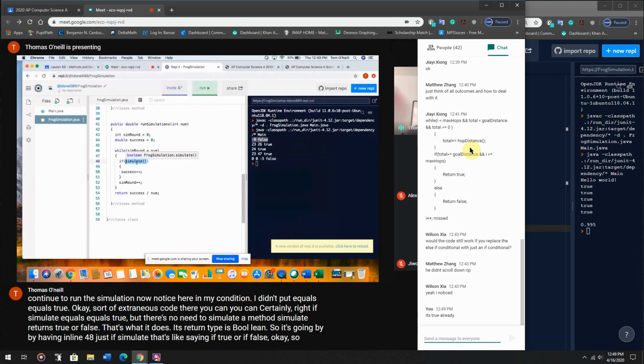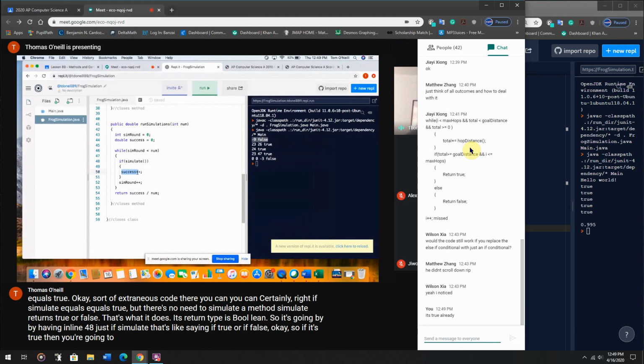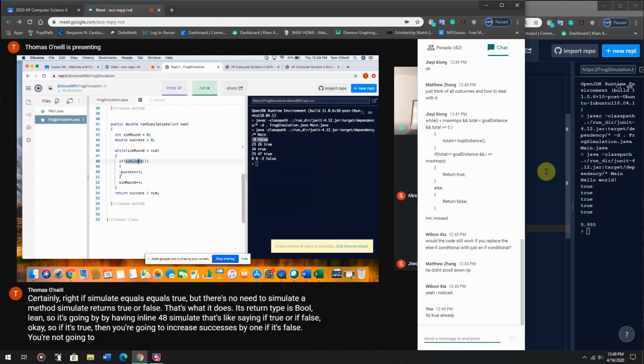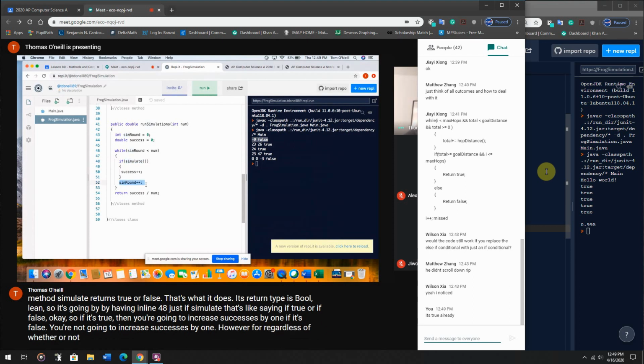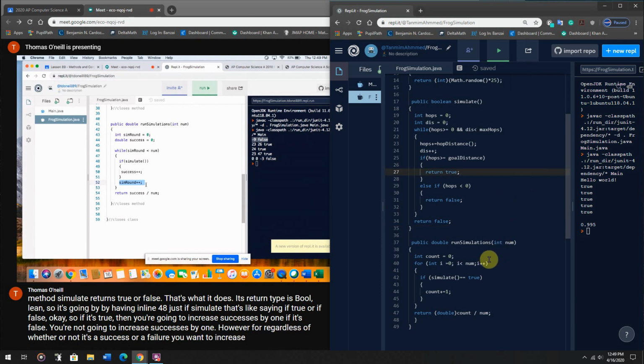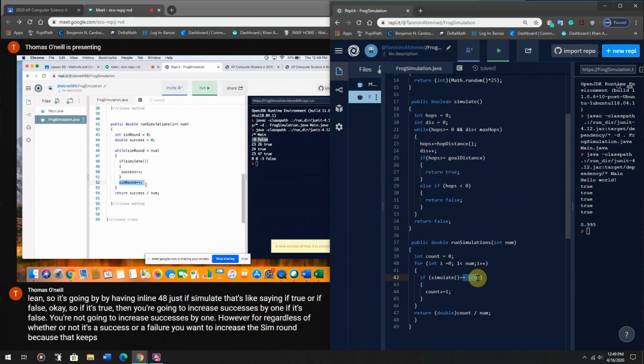If it's true, then you're going to increase successes by 1. If it's false, you're not going to increase successes by 1. However, regardless of whether it's a success or a failure, you want to increase the sim round because that keeps track of how many rounds we've gone through so far, okay?